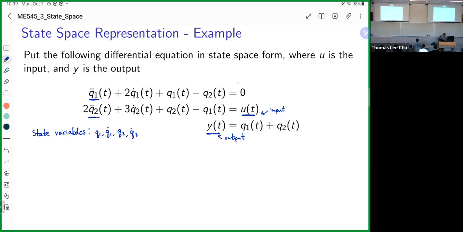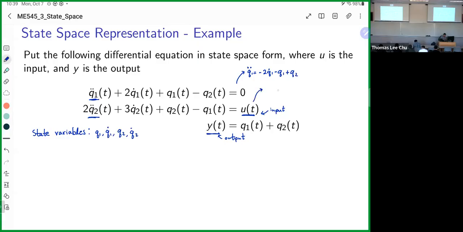Okay, if we rewrite this first differential equation, we can rewrite it as Q1 double dot is equal to minus 2 Q1 dot minus Q1 plus Q2. That's our first differential equation.